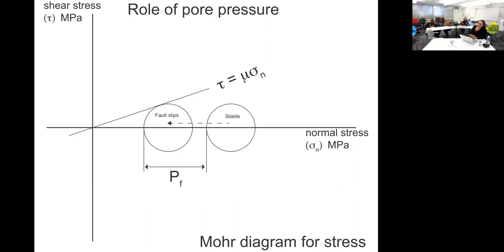The shear stress is set by the ratio of the circle, what the peak shear stress is, and the circle stays the same size, but increasing pore fluid pressure causes that circle to shift toward the origin on the normal stress axis. That means something that was previously at a stable stress condition, once you insert a higher pore pressure, and again, that doesn't just mean inserting fluid, you have to confine that fluid, it has to be increasing in pressure, you shift that circle over, and the circle can intersect the failure envelope, and then you have a condition where the fault's going to slip, even though it should have been tectonically stable.